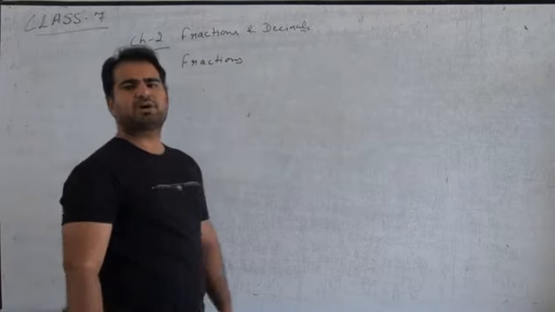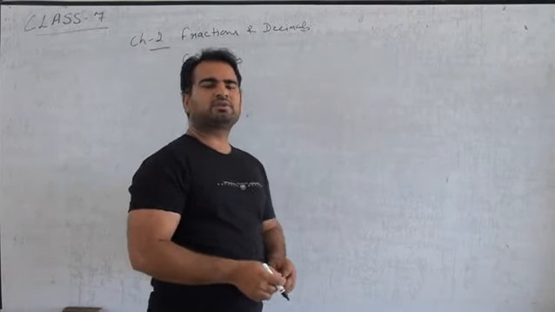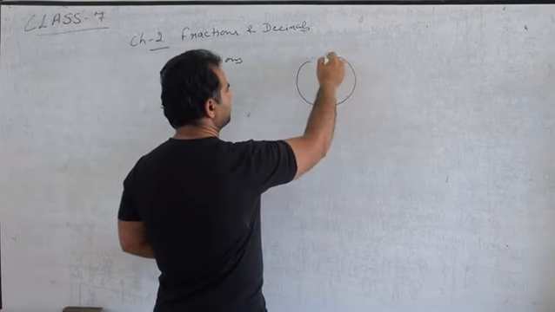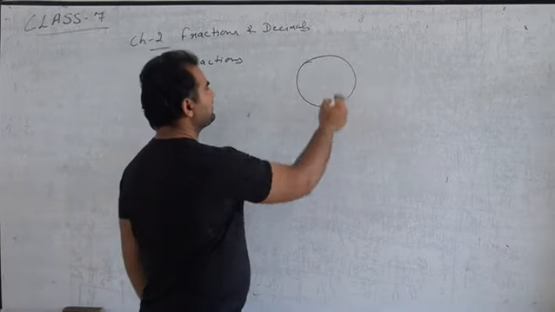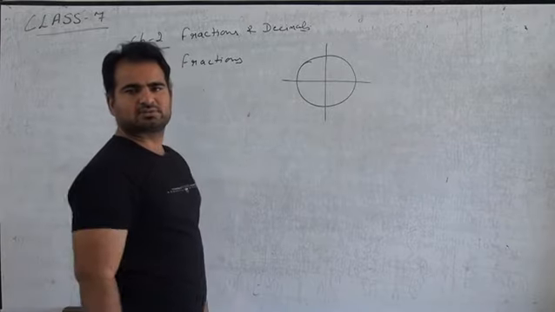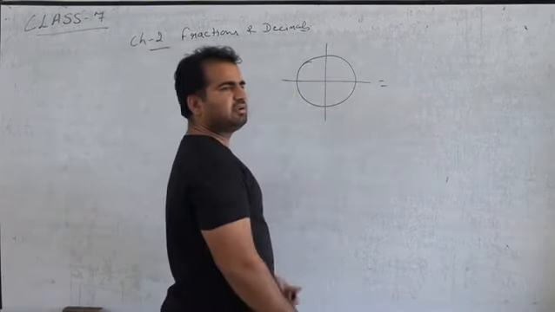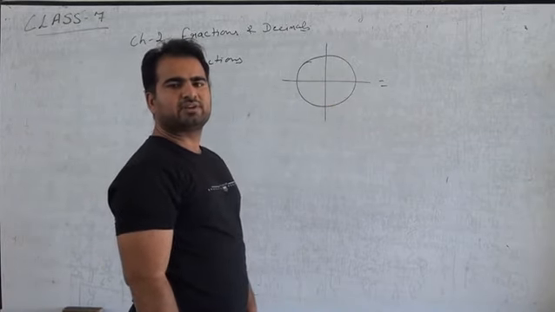Fractions are just part of a whole. Like, this is a circle. We cut it into how many parts? 4 equal parts. If I ate one part from this, how much have I eaten?